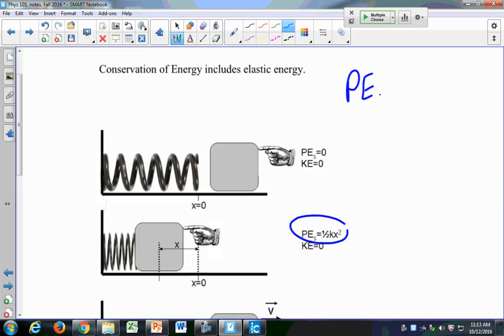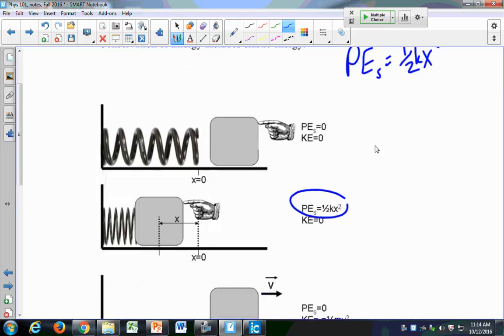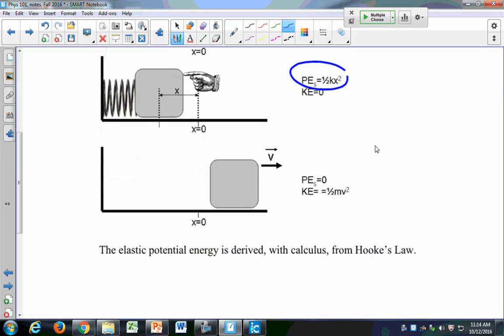The potential energy of the spring is equal to 1/2 kx squared. And so at this point, I have elastic potential energy, but since it's not moving, I have no kinetic energy. I press this block, I compress the spring, and give it elastic potential energy. Then, if you let it go, the object comes out here, your spring stops here, and your object keeps going.